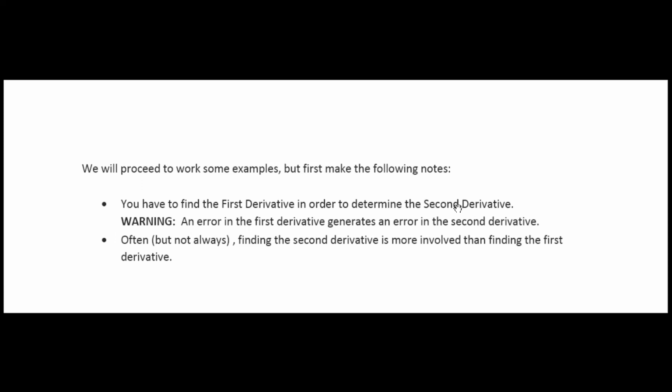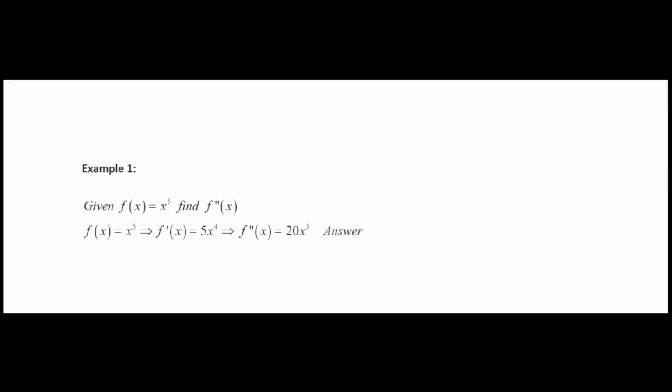Okay, so what we're saying here, you must use caution and make sure you've taken the first derivative correctly, or you'll go down the wrong path. Finding the first derivative in this lesson is pretty simple, but finding the second derivative can get very involved, and we will see that again later in this course.